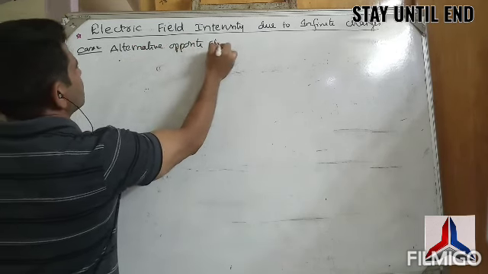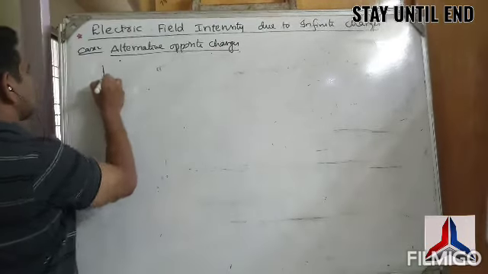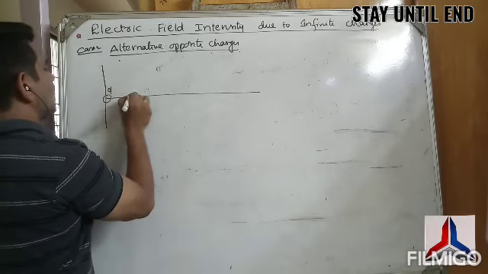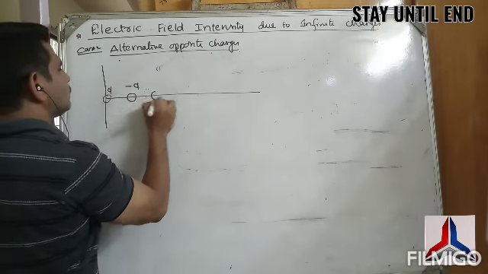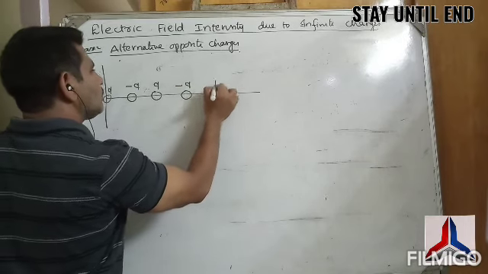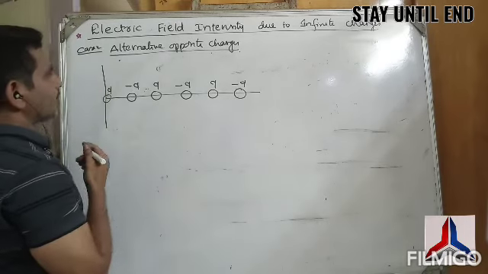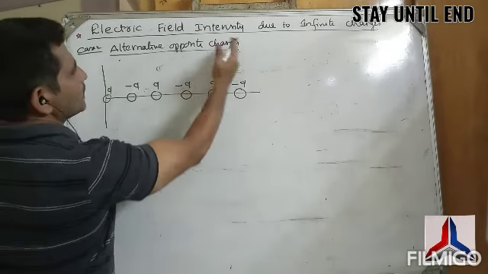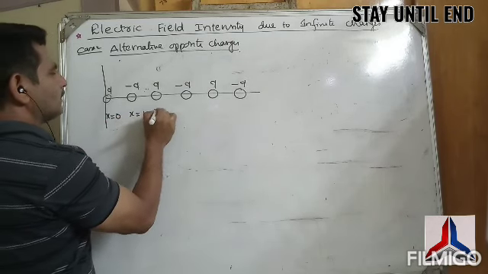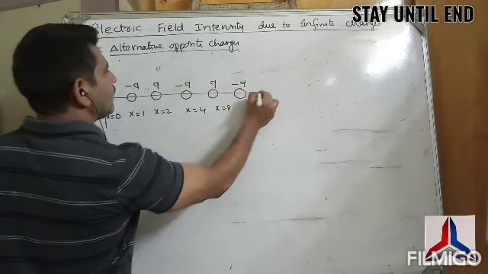Alternating opposite charges. Look at here, I will explain the diagram. These are the charges, Q, minus Q, Q, minus Q, Q, minus Q, like that, alternating opposite charges, which are located at 0, 1, 2, 4, 8 and so on.